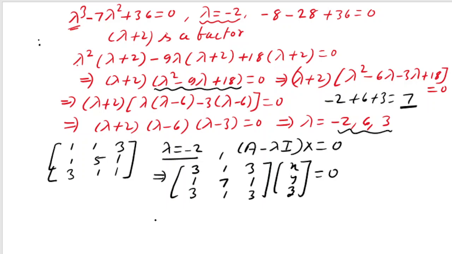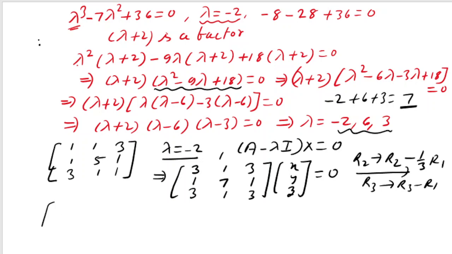So if I simplify it, what operations do I have to perform to make it 0? To make the R2 element 0, I will write R2 goes to R2 minus 1 by 3 times R1, and to make this 0, I will write R3 goes to R3 minus R1.